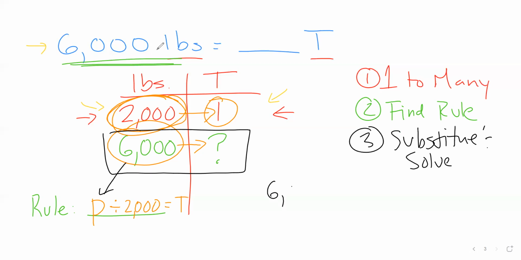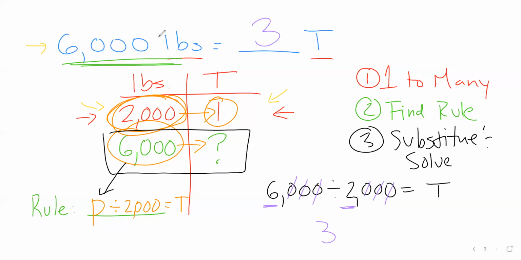So I'm going to substitute 6,000 divided by 2,000 is going to equal T. Well, the cool thing is I know that this 0 and this 0 cancel each other out. This 0 and this 0 cancel each other out. This 0 and this 0 cancel each other out. And 6 divided by 2 is 3. So actually, I have 3 tons if I have 6,000 pounds.